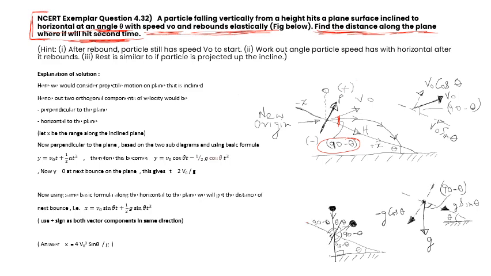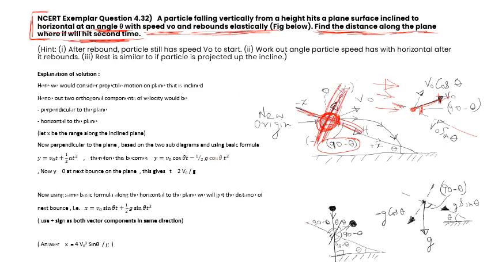Therefore, looking at this diagram now, this is for the v0 vector. The object is flying back with velocity v0, and its angle is 90 minus theta with respect to this plane. Therefore, its horizontal and vertical components with respect to the plane. Remember, we have changed our axes to this as the origin, and this is the x-axis and this is the y-axis.